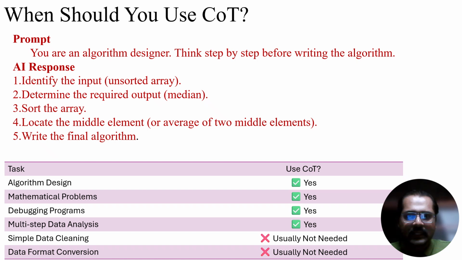So when to use chain of thought? When you are designing algorithms for your projects. State of the art algorithms are designed, developed and distributed to apply for any application, but a specific project requires design or redesign of the algorithm.